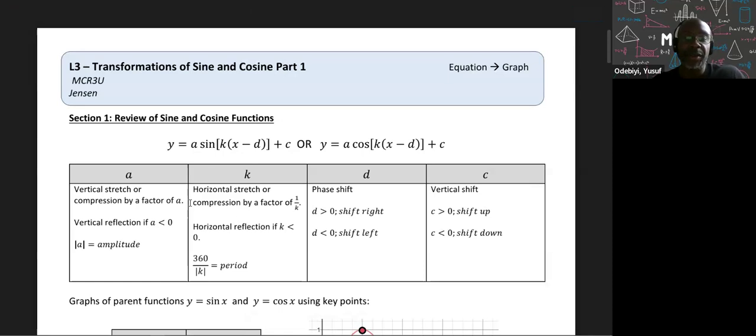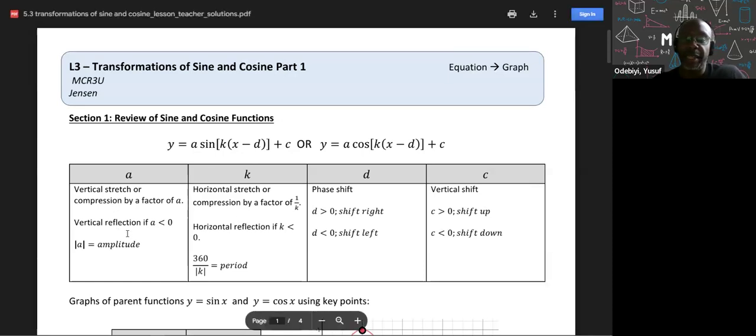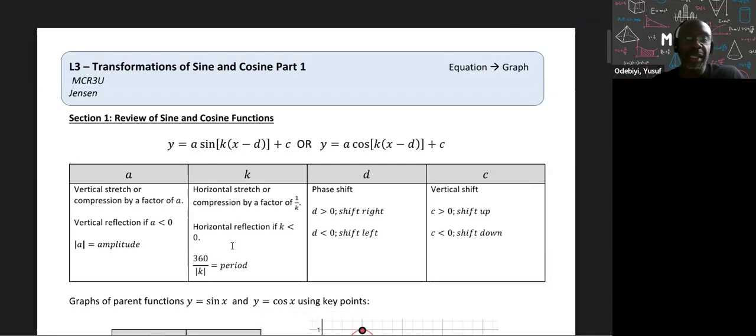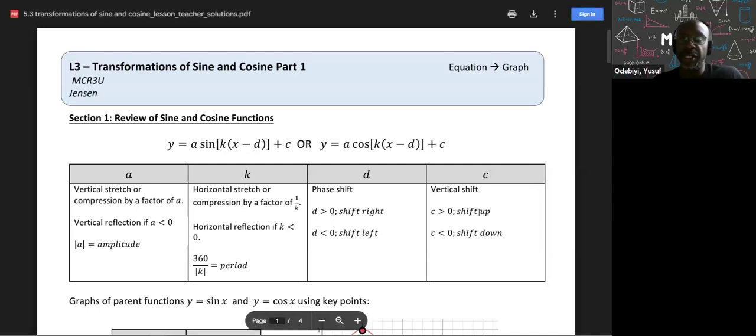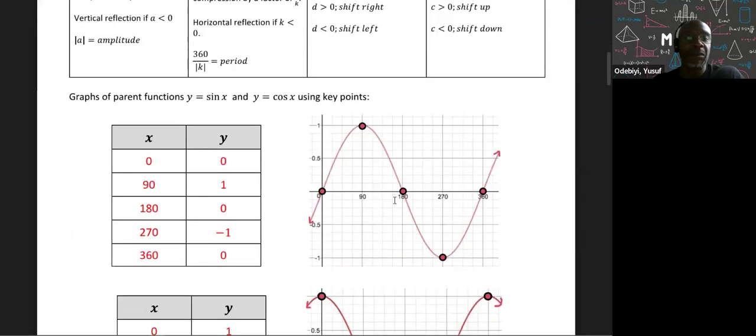But you need to look at the definitions here. So a is what we call the amplitude, right? K helps you figure out your period. So your period is equal to 360 divided by k. And then your phase shift is going left and right, and then your vertical shift up and down, okay?